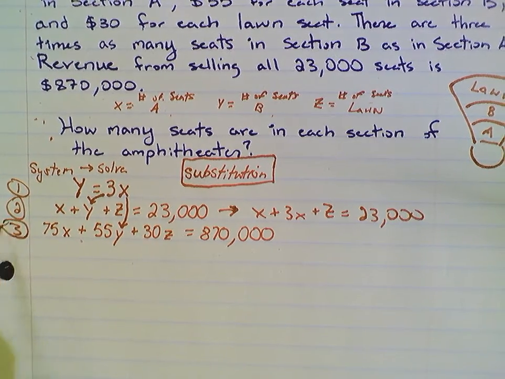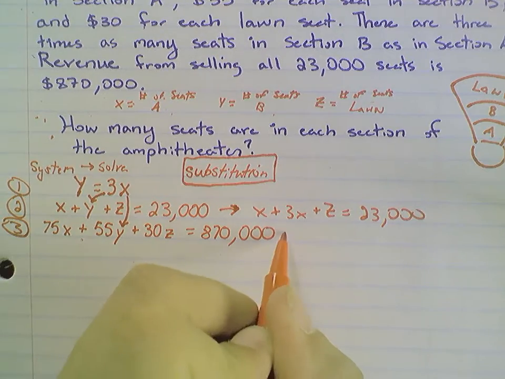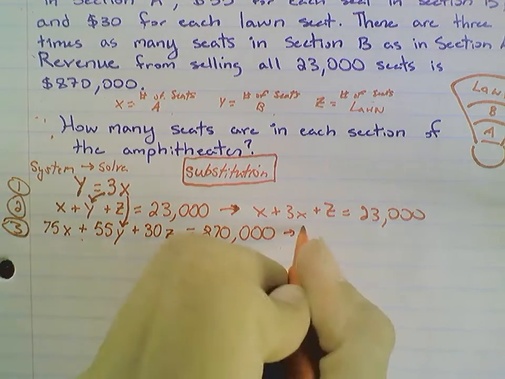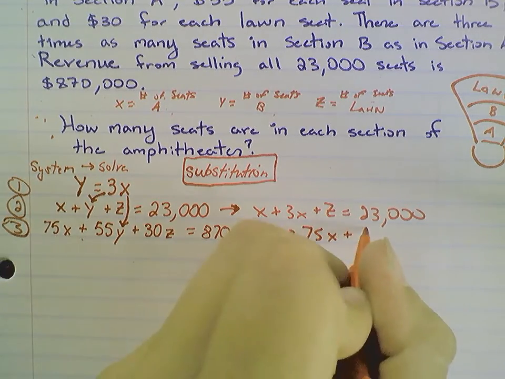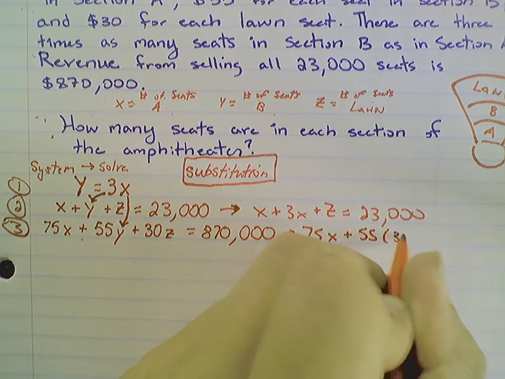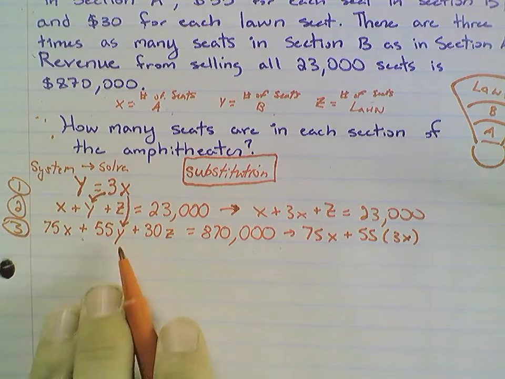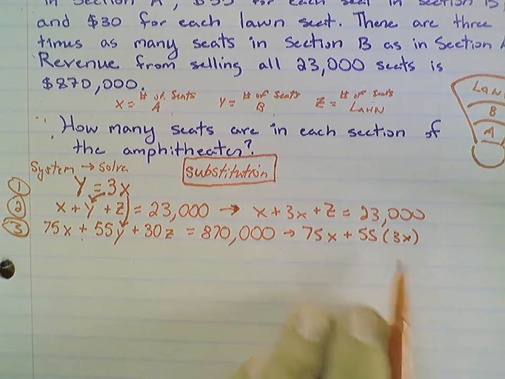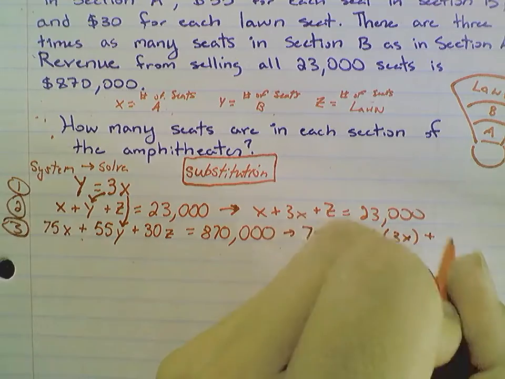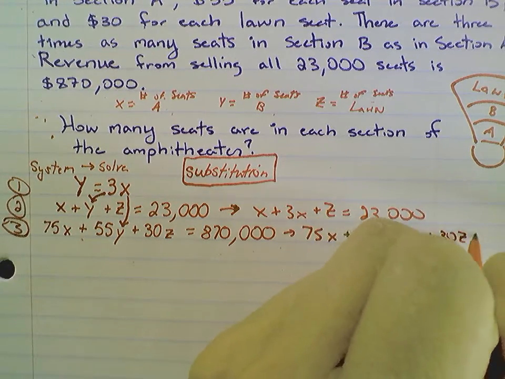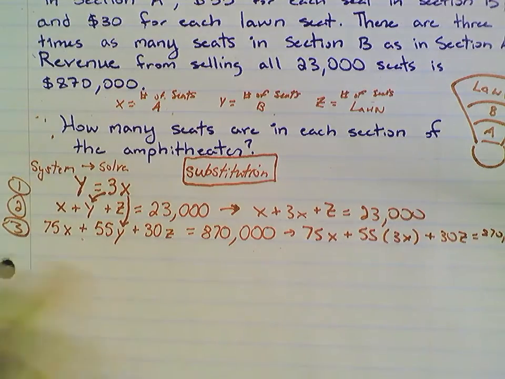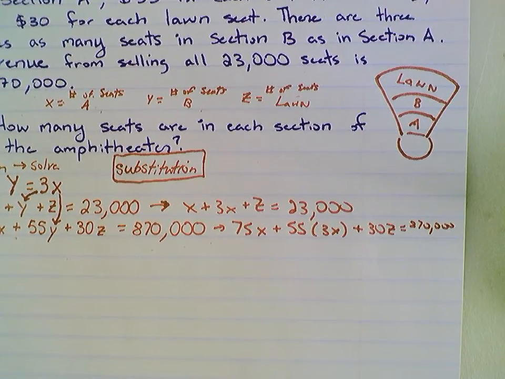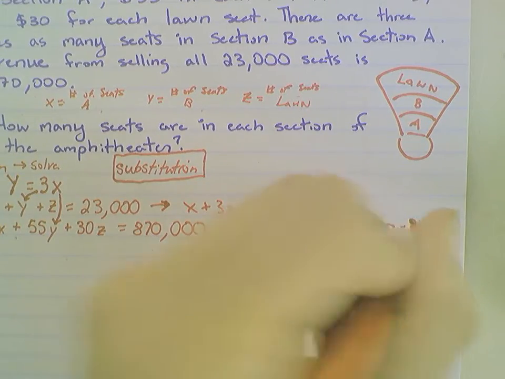This third equation can now be rewritten as 75x plus 55 times 3x, so all I've done is replace the y with the 3x, and then plus 30z, and it still equals 870,000.